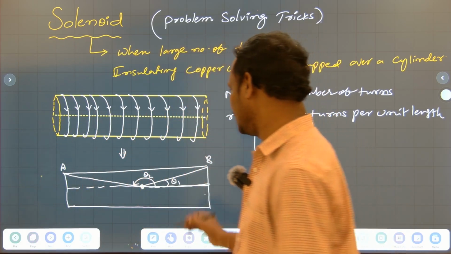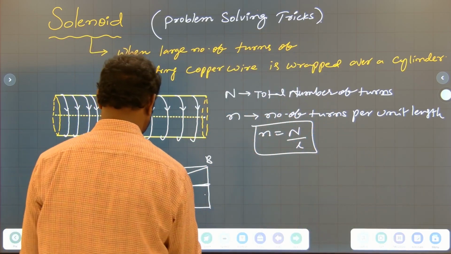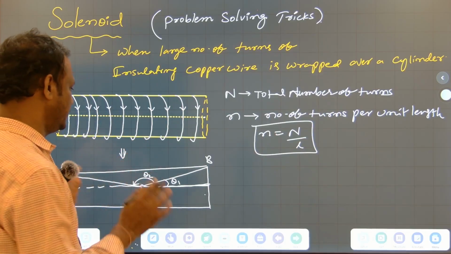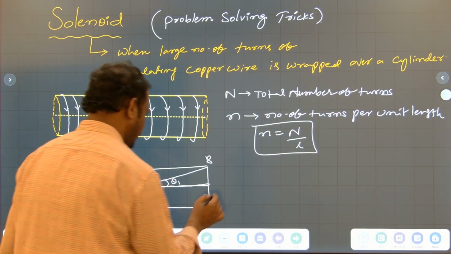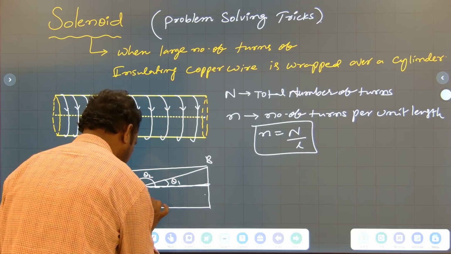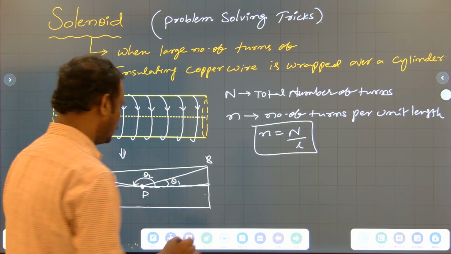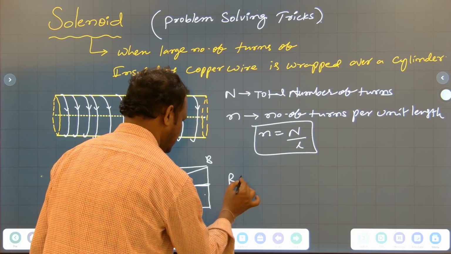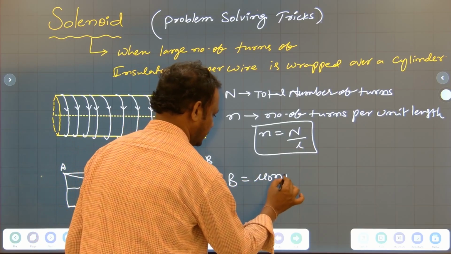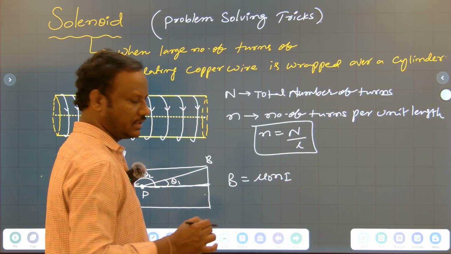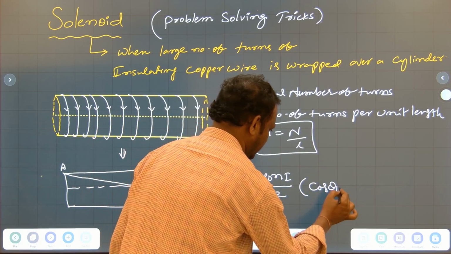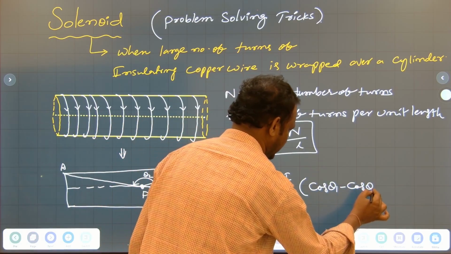For all the problems we can calculate in this way. The magnetic field induction at this point P is B equals mu naught n i by 2 times cos theta 1 minus cos theta 2.